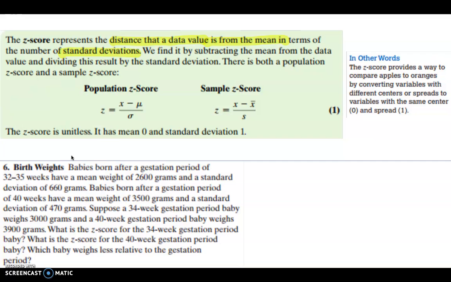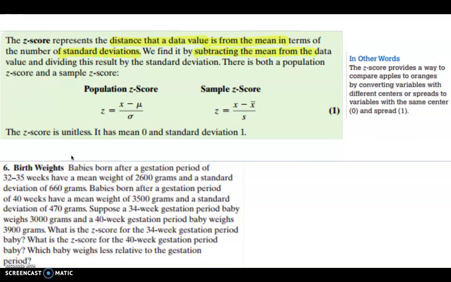The way we find it is subtracting the mean from the data value and then dividing that result by the standard deviation. For population and for sample, they're the same. So x minus mu over sigma, the data point minus the mean over the standard deviation, or x minus x bar over s. Same whether we're population or sample.